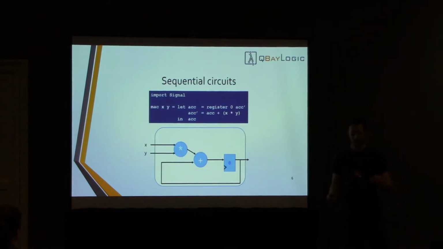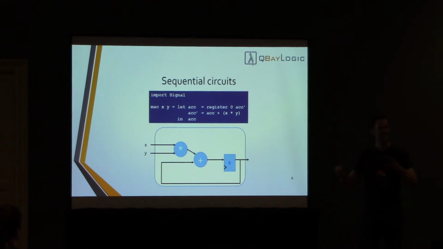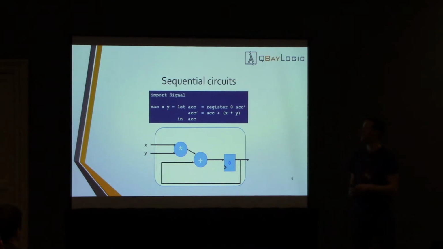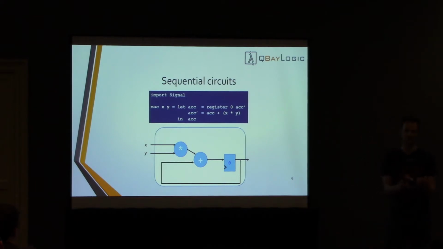I'll present a very simple circuit that you can build with Clash, which is a multiply and accumulate circuit. So you have 2 inputs, x and y, and then you use the register function to introduce some state, because we want to multiply and accumulate.